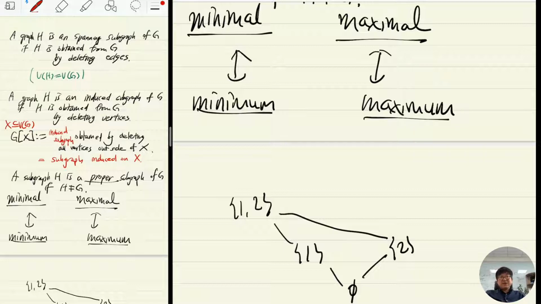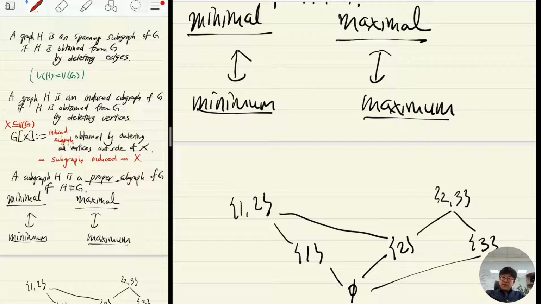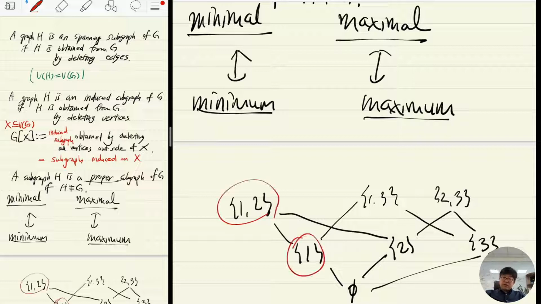Let me say I have 1, 2, 3, and 2, 3, and 1, 3. Let me color some sets. Okay, it's not a good example.